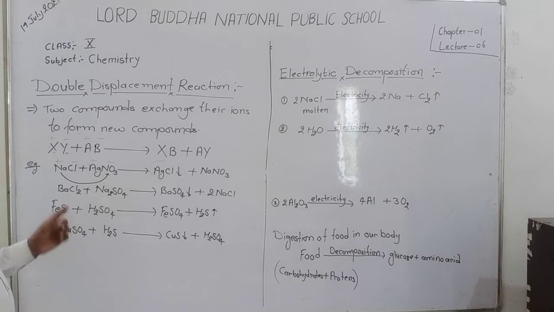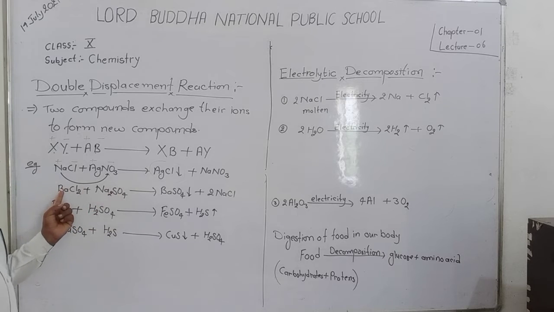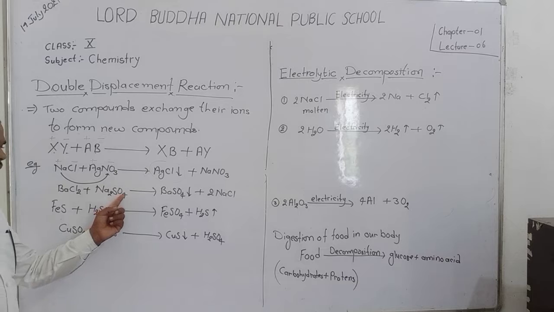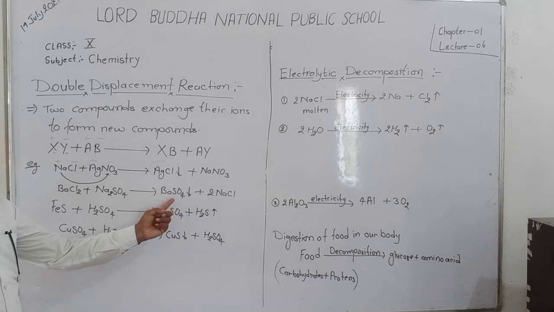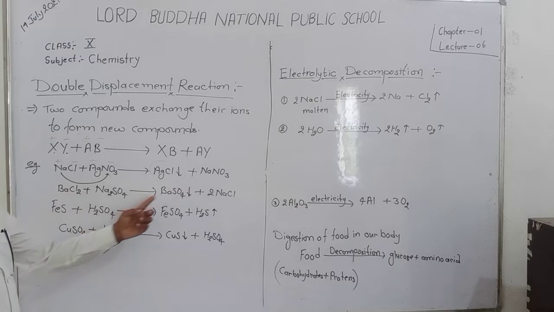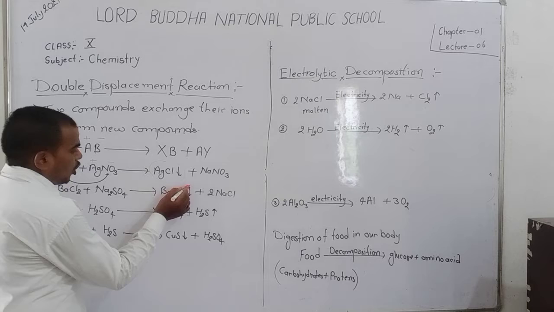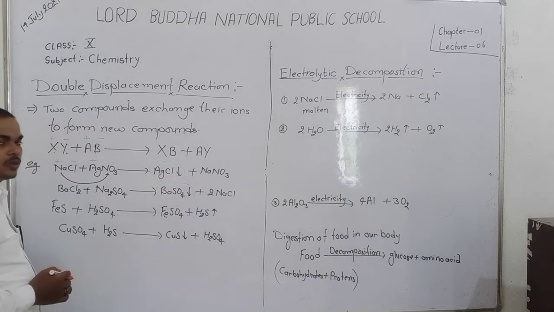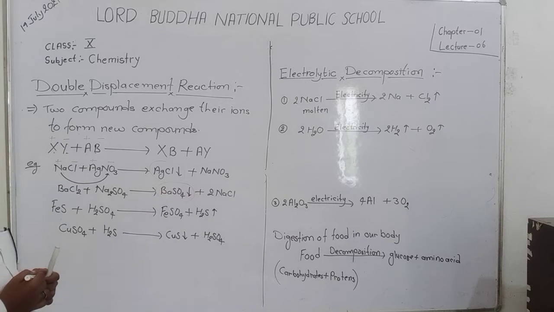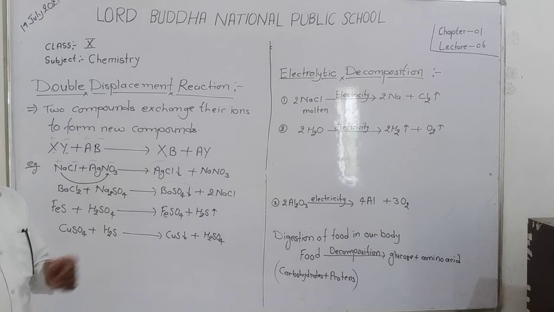Barium exchanges ions with Na2SO4, barium joins with SO4 and forms BaSO4, barium sulfate, and sodium joins with chlorine and forms 2NaCl. Here BaSO4 is obtained as a precipitate. So this reaction is known as a double displacement as well as a precipitation reaction.